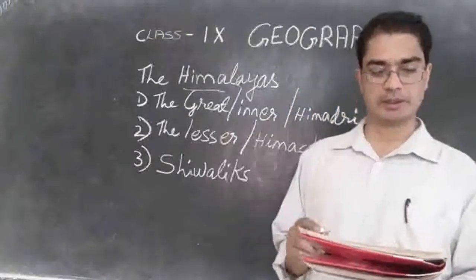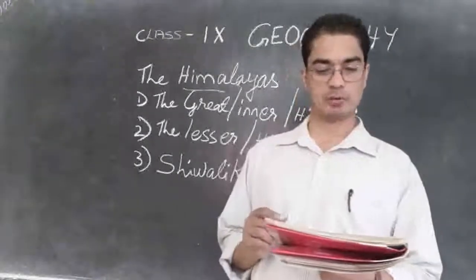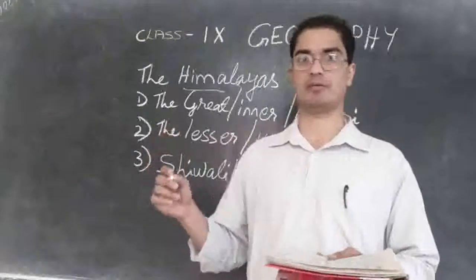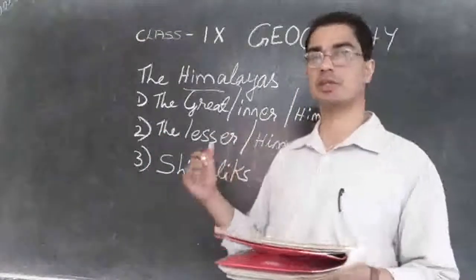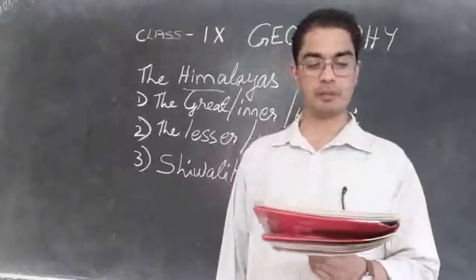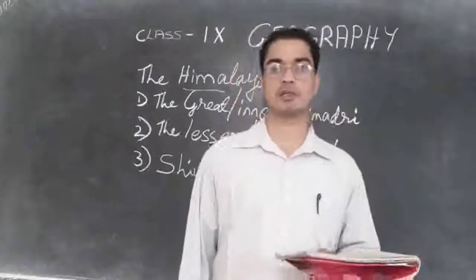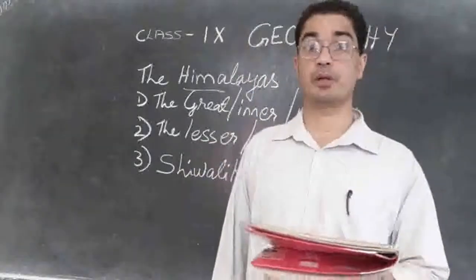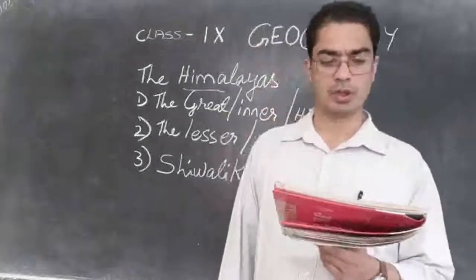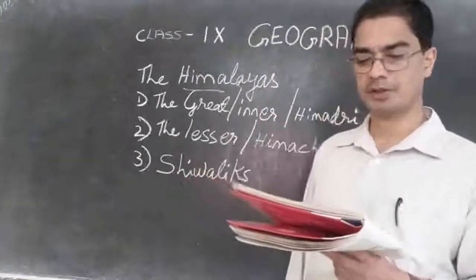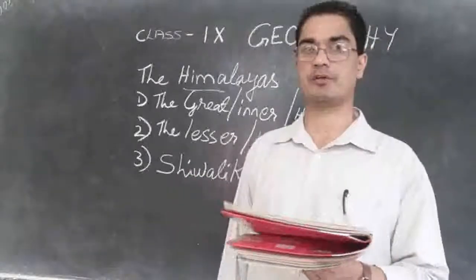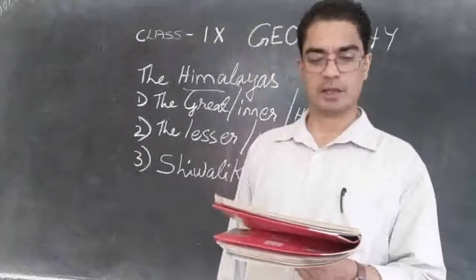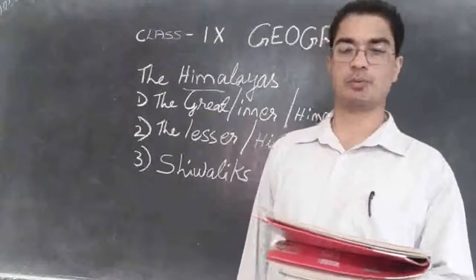Pir Panjal range forms the longest and the most important range. In this second range, there are so many sub-ranges. One of the most important ranges in this Lesser Himalaya is the Pir Panjal range. You can underline it. What is the most important range in the Lesser Himalaya? That is the Pir Panjal range, the longest and the most important. Then the Dhauladhar and the Mahabharat ranges are also prominent ones.